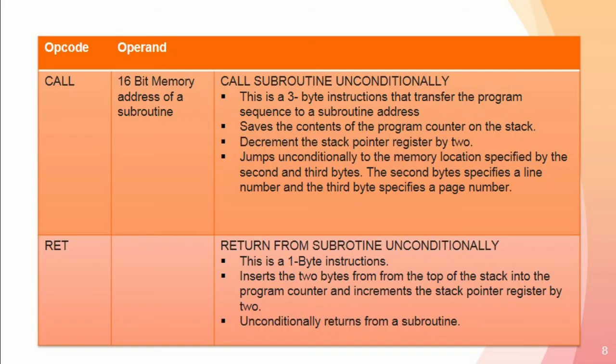When a subroutine is called, the content of the program counter, which is the address of the instruction following the CALL instruction, is stored on the stack and the program execution is transferred to the subroutine address. When the RETURN instruction is executed at the end of the subroutine, the memory address stored on the stack is retrieved and the sequence of execution is resumed in the main program.